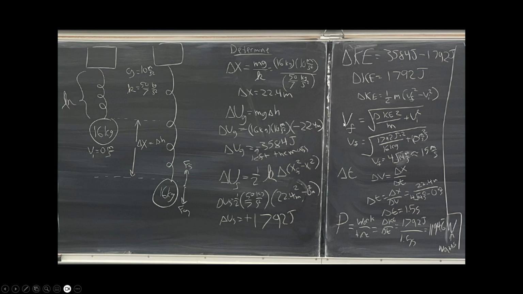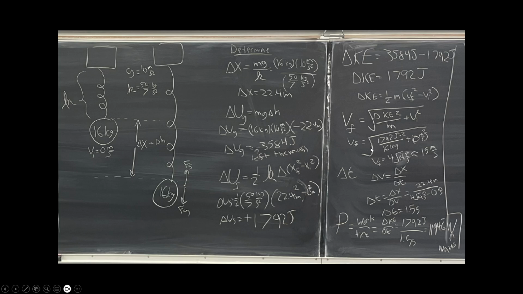Rearranging our equation to solve for V_F, we have the square root of 2 times the change in kinetic energy over the mass plus V_I squared. So the fraction delta KE times 2 over m, added to that fraction is V_I squared. All of that is under one square root.